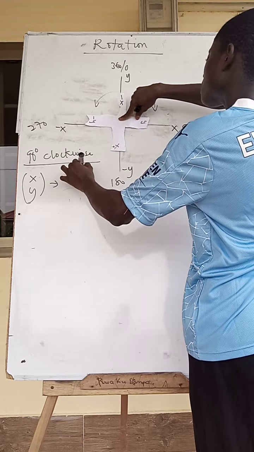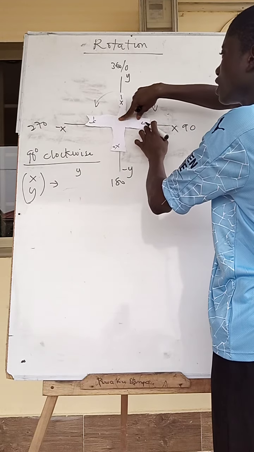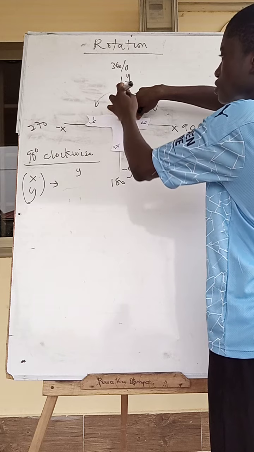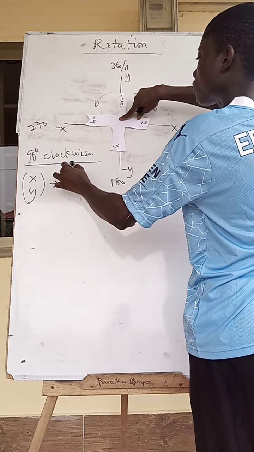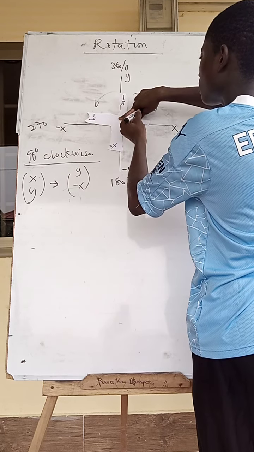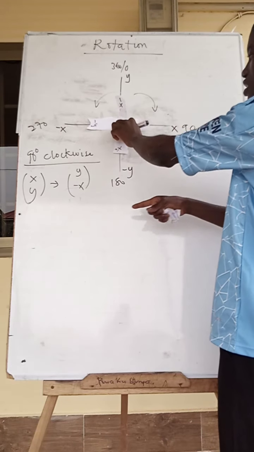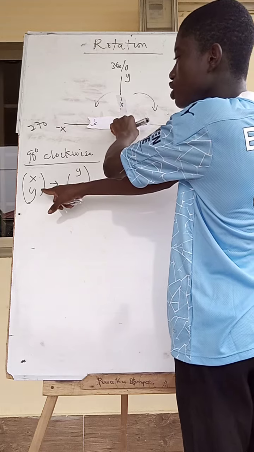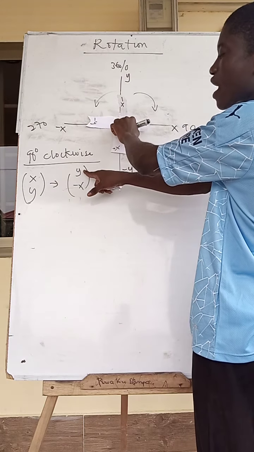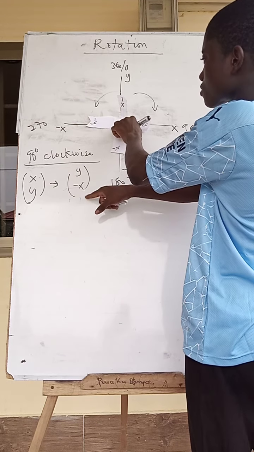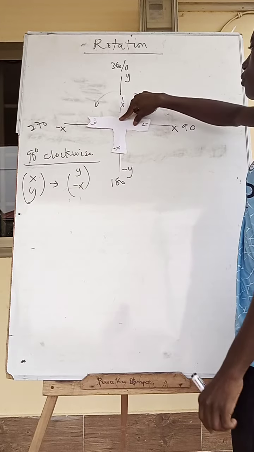The position of x is now y, and where the y was, that one is negative x. So if you rotate a point clockwise 90 degrees, the position will change from x, y: the y is leading and the negative x will come down. That is how we do it.